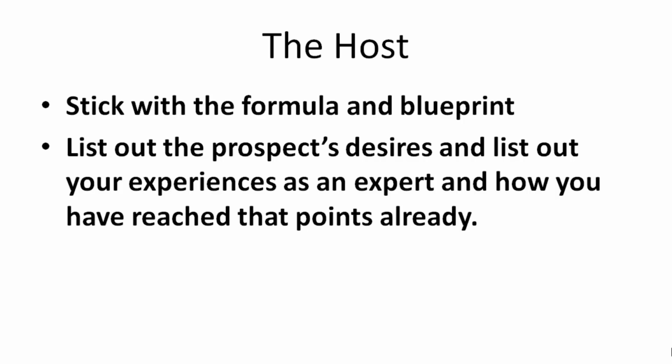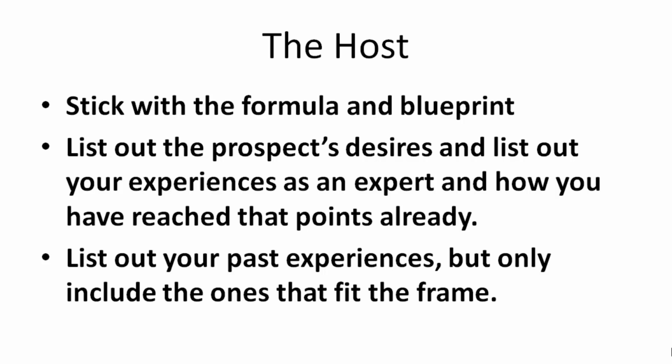So you're being congruent. What I want you to do now is just list out your prospect's desires, which you should have already done, and the objections. Then possibly on a piece of paper, on the left-hand side, the desires. On the right-hand side, list out your experiences as an expert or as somebody who has used the product or service as living proof, and how you have reached those points already.